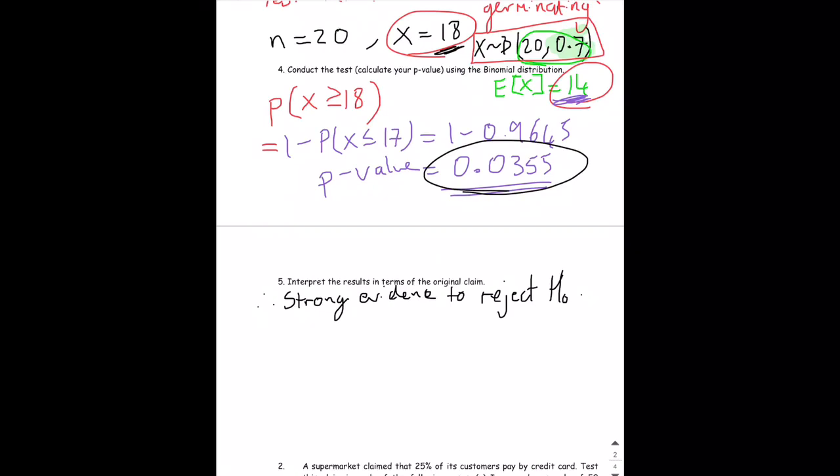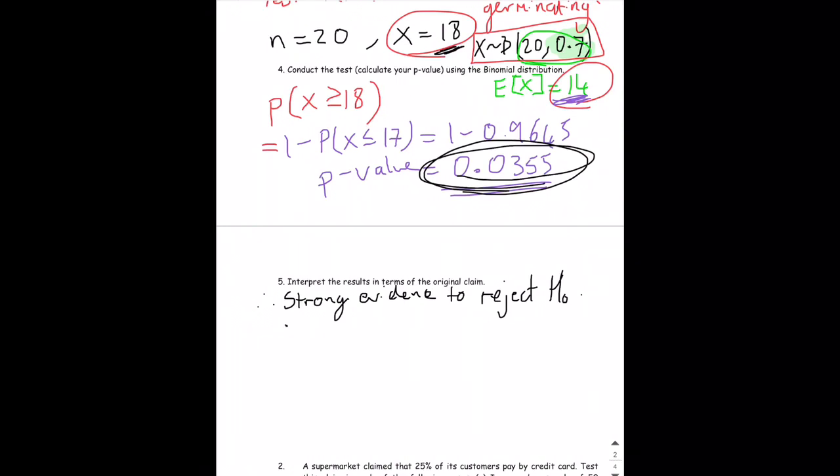I've got strong evidence to reject it because under those conditions, you're not going to get 18 or more germinating in regular compost out of 20. It's just too unlikely. Look at the probability of it happening. It's too unlikely. So I would say, okay, that is strong evidence to reject the null hypothesis.